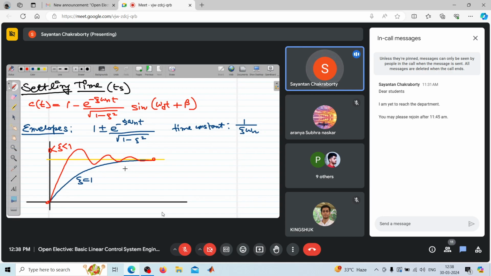There is a set of properly damped cases, and normally it is seen that there is a range of zeta between 0.4 and 0.7, precisely 0.5 to 0.7. If that is the value of zeta, then the settling time is better, or less, than the scenario where it is critically damped.